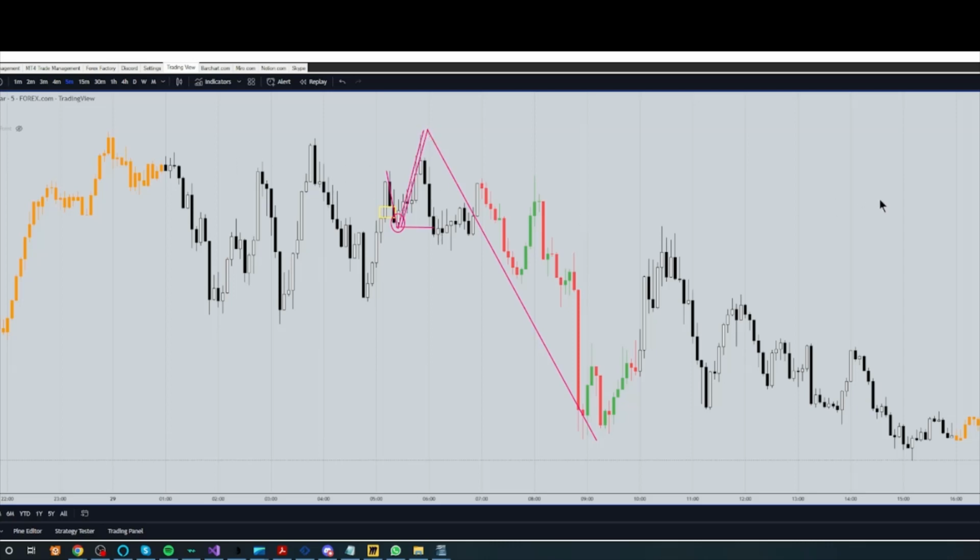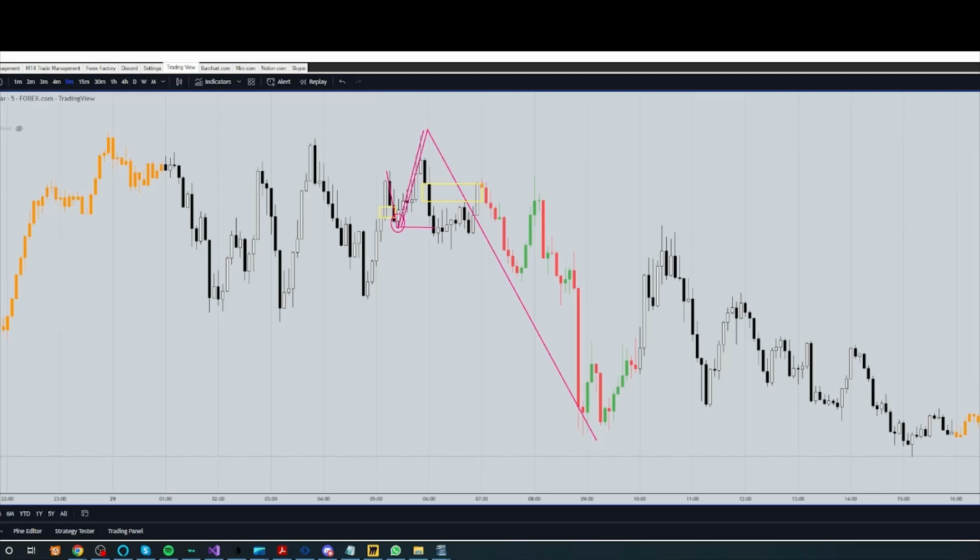We have this other fair value gap just by here. And it goes straight into the New York Open with the first phase of distribution on the market maker sell model.